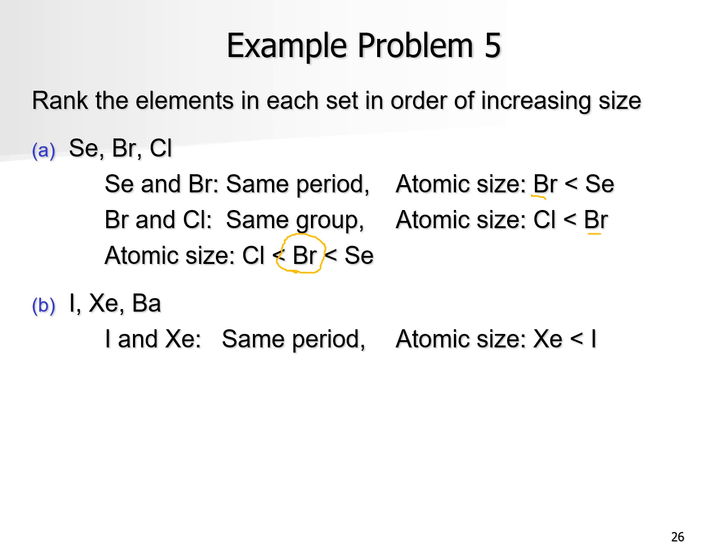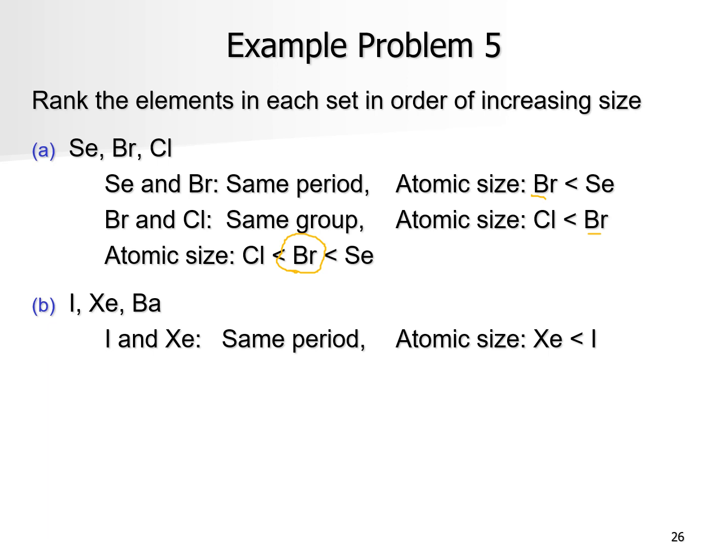And of course, barium is in period 6, while the other two are in the 5th period. In the lower period, that makes the size even larger. So we have a pretty good idea that the barium should have the largest size of the three.